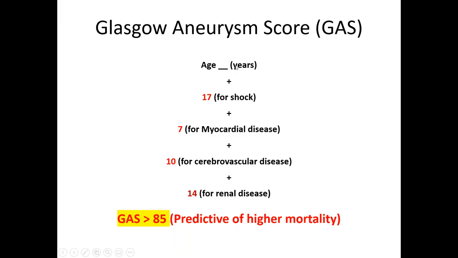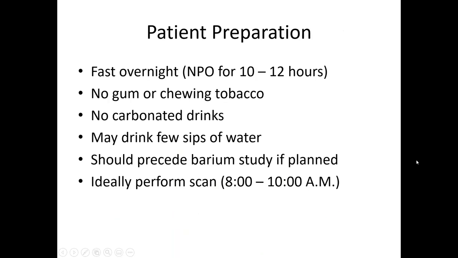First we have the age in years, say somebody 65 or 70, and you add if the patient presents with shock, which already has a very low predictive value for a better outcome. And of course, pre-existing myocardial disease or cerebrovascular disease, and renal disease, you add on those numbers, and that's going to determine the patient's outcome.